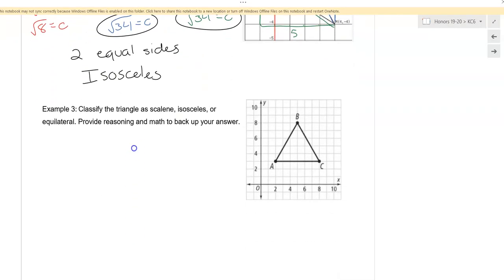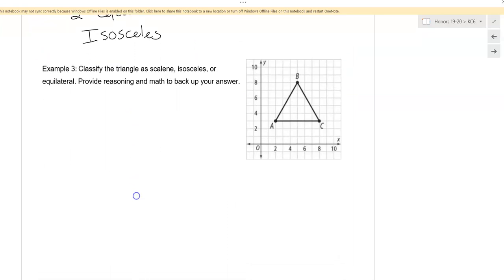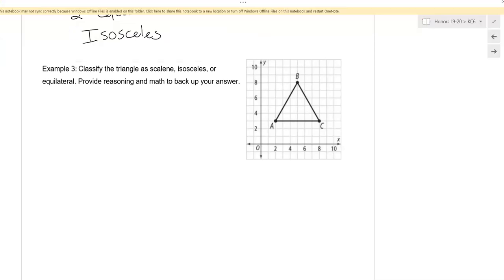All right, looking at our last one. Starting with A to B, it goes up 1. Up 5 over 3.